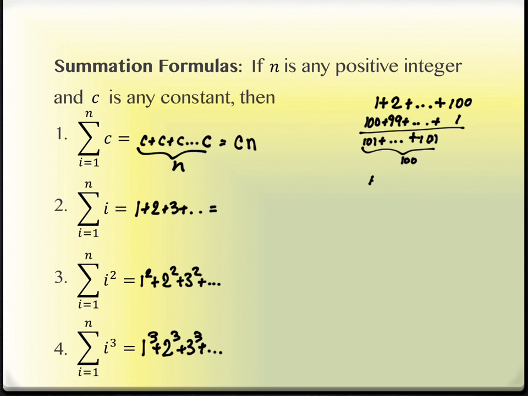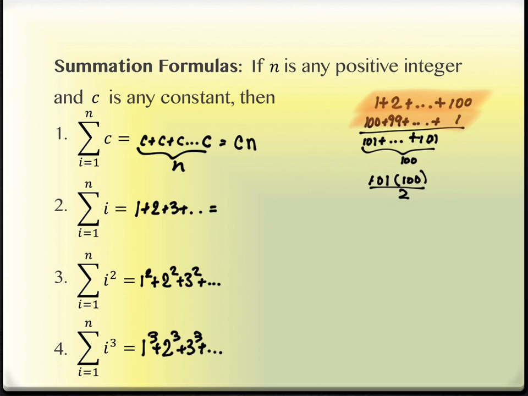So we would have the number 101, 100 times, but I'd have to divide it by 2. Why? Why is this sum 101 times 100, but then divided by 2? Because you added 2 of them together. You betcha. I doubled everything, I added them to themselves.